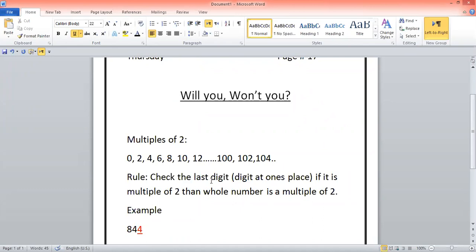What you have to do is check the last digit at ones place. Is 4 a multiple of 2 or not? Yes, 4 is a multiple of 2. So you will say yes, 844 is a multiple of 2.